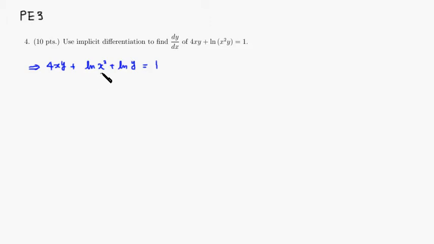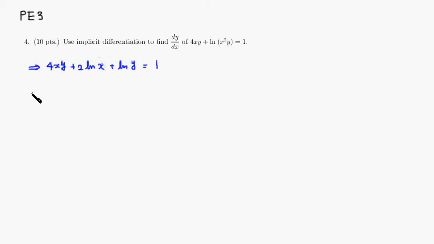And better yet, we can put this 2 right in front of the log instead of up here. It's a little confusing, so I'm going to erase it. So this is gone and placed right in front of the log.